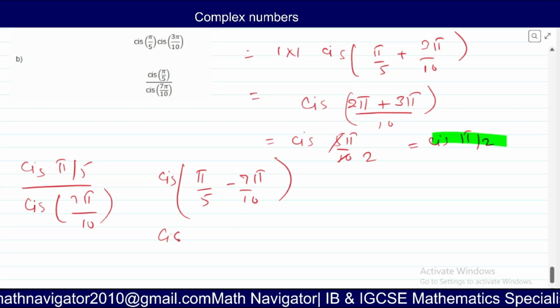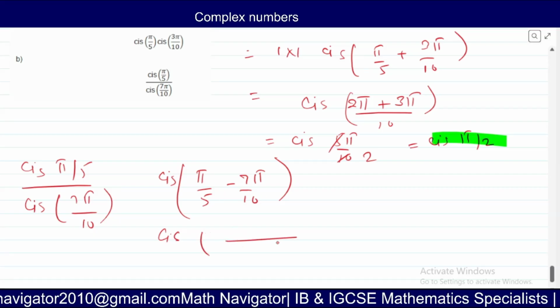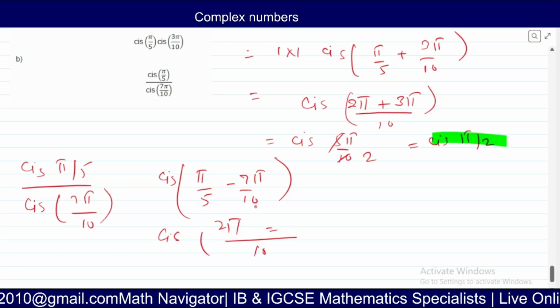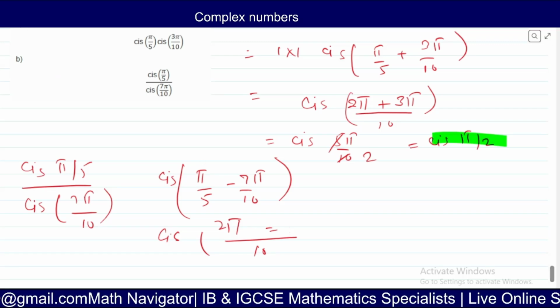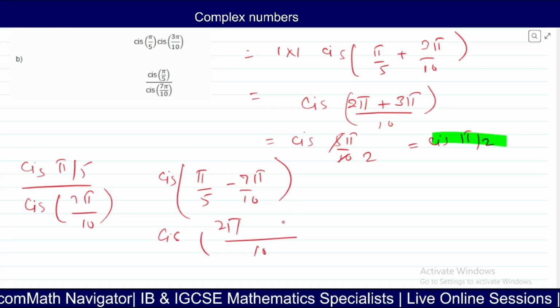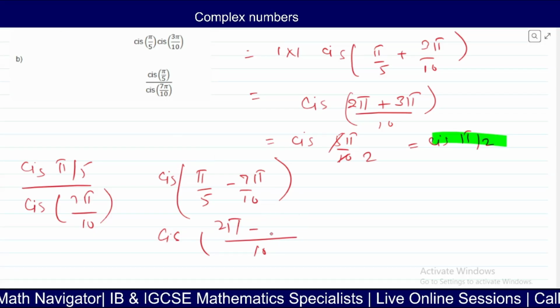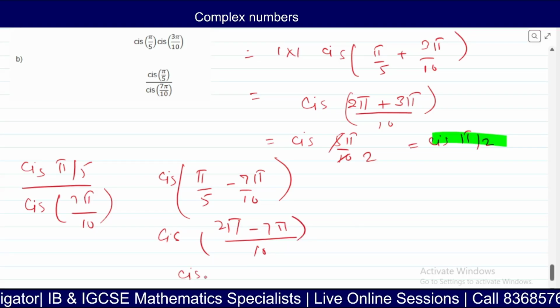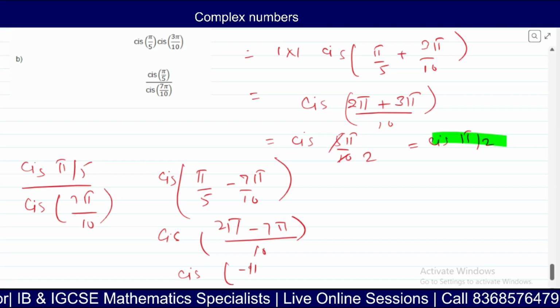Which will give me cis of 2 pi minus 7 pi over 10, which will give me cis of negative pi by 2.